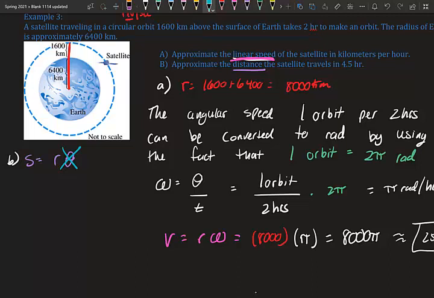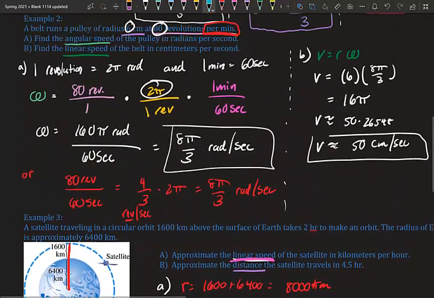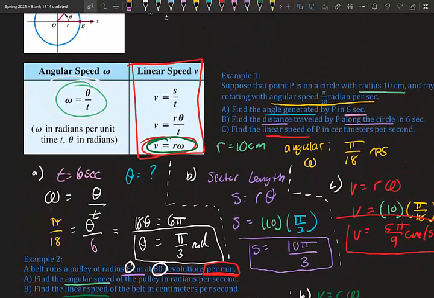So let's see if there's a formula we do have where S is in it, and what we already have. So remember, we have S, we have V, we have T, we have omega, and we have R. So we need to find S. Everything with S in it, that's the only thing with S. We have V, we have T, we need to find S, so we can use this formula.